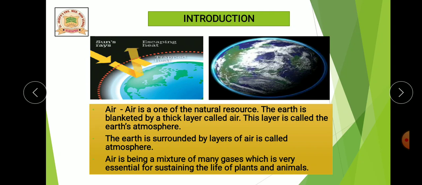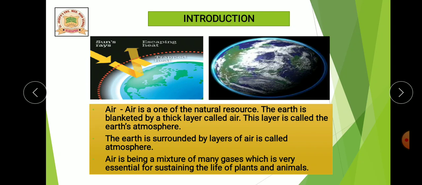Air is a mixture of many gases which is very essential for sustaining the life of plants and animals. Living things need air, water and food.